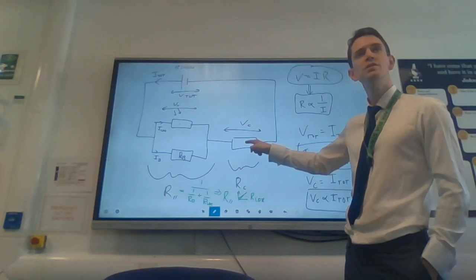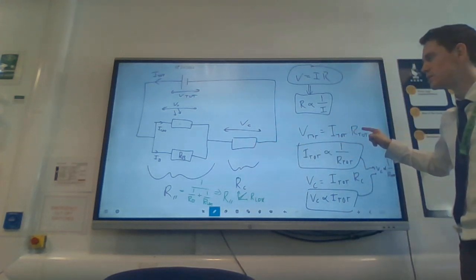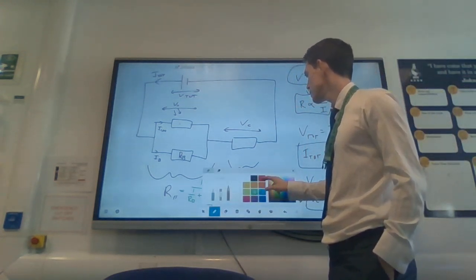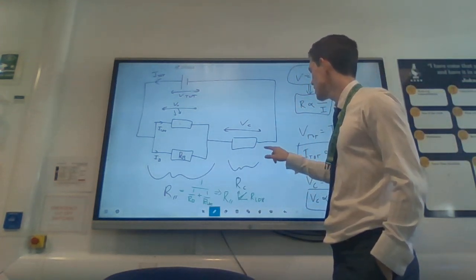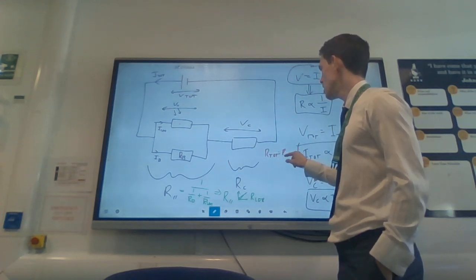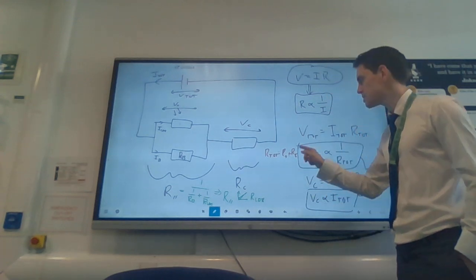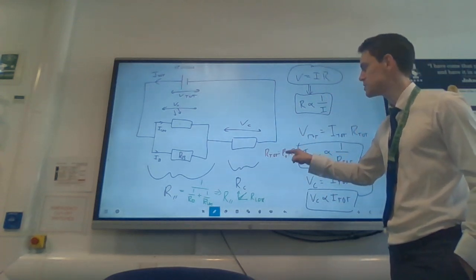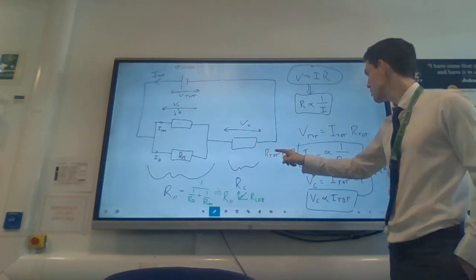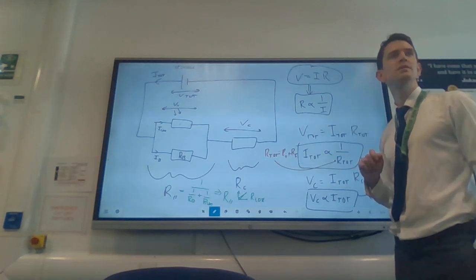R tot we would know about because we know that R tot is equal to R parallel plus RC. We know RC is constant, so if that goes up or down, that's going to do the same. As soon as we've got that, boom, we have all our relationships.